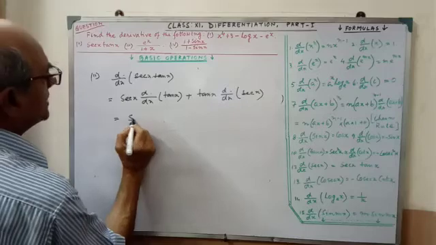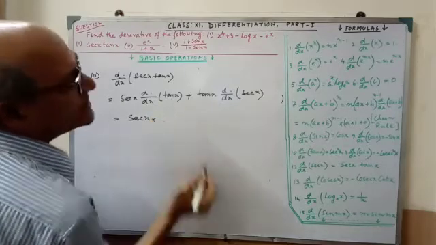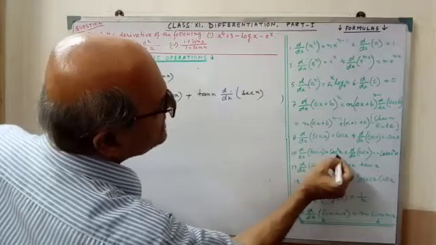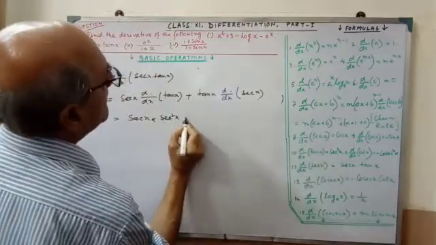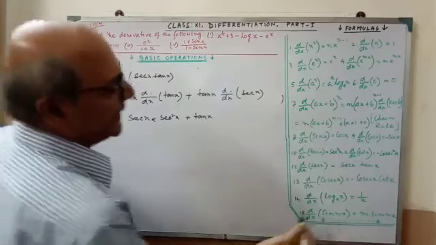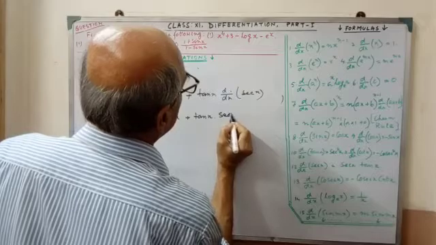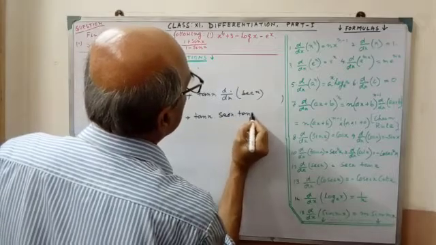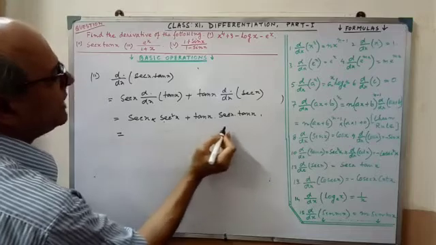Now we have to differentiate. Differentiation of tan x is sec square x, so sec x into sec square x, plus tan x times the differentiation of sec x, that is sec x into tan x. By applying the formula, we are getting the result. Now simplification.